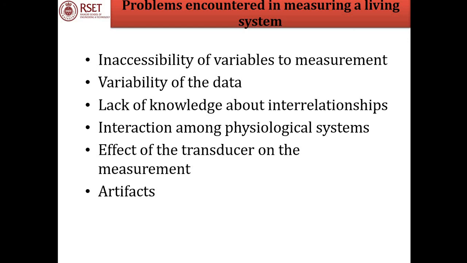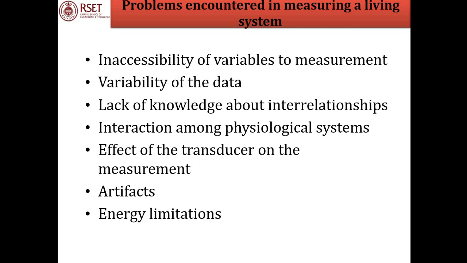Thus, the random noise generated within the measuring instrument, the electrical interference, the crosstalk, and all other unwanted variations in the signal are considered as artifacts. Even the movement of the subject or the patient is sometimes considered to be an artifact.